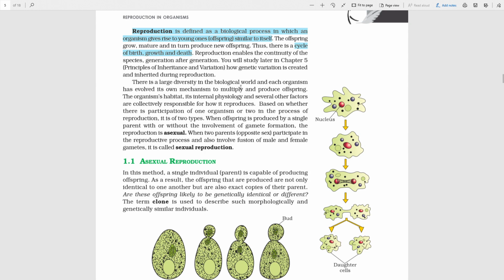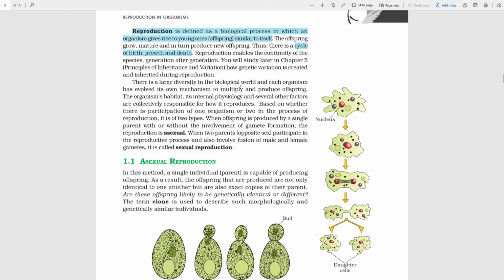Now, let's move ahead. There is a large diversity in the biological world, and each organism has evolved its own mechanism to multiply and produce offspring. Looking at this, you know that not all organisms reproduce by just one parent cell dividing into two daughter cells, or like we humans, where mothers give birth to the child in their womb.